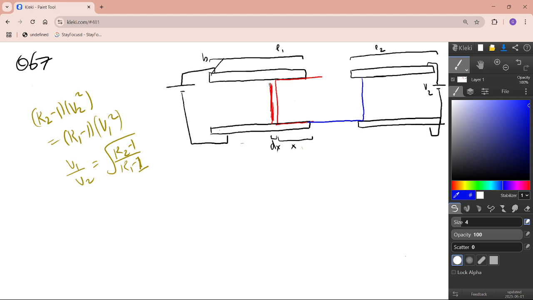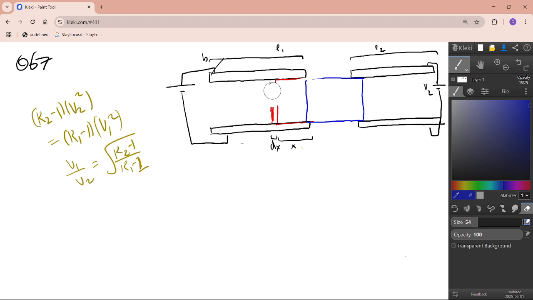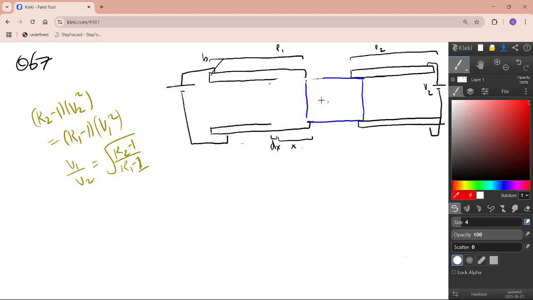If something doesn't, then I'll just cut this part. So let's try and see if something comes out. Maybe we'll get the same answer. Maybe, maybe not.